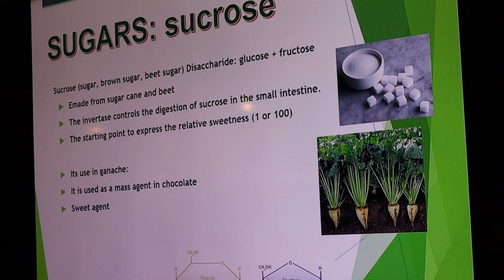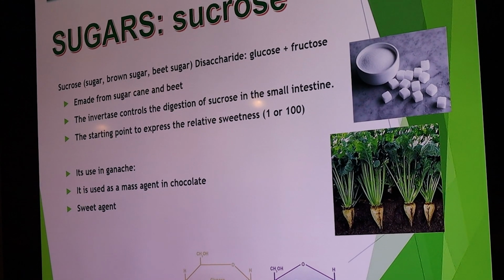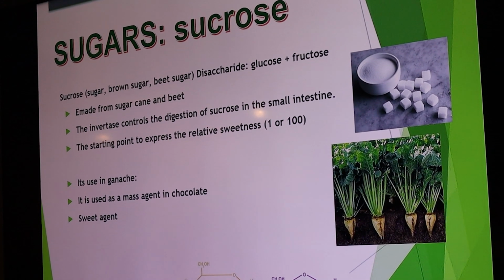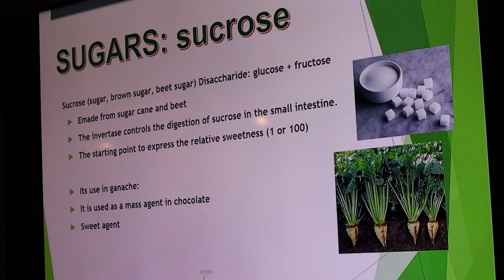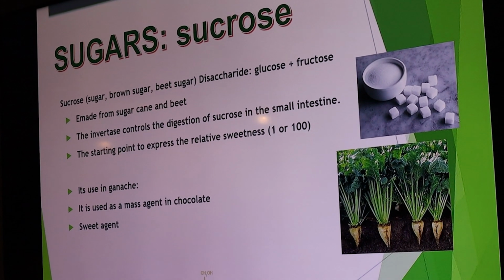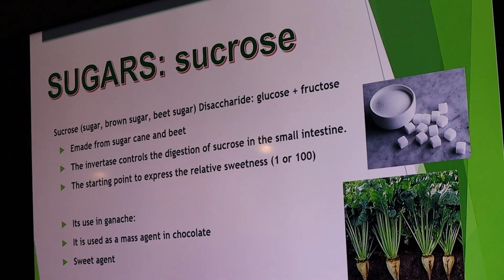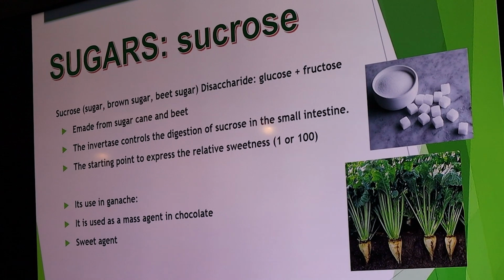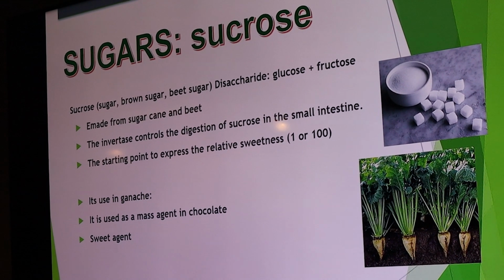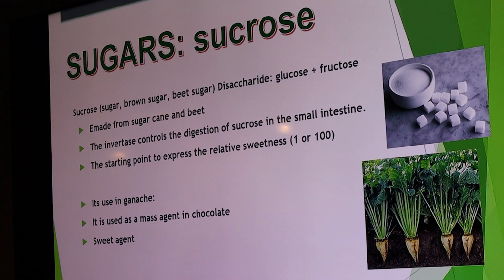In the ganache, it's maybe not the best solution, because sucrose is a basic sugar which is separated, and it's so easy for sucrose to get back to original crystals.